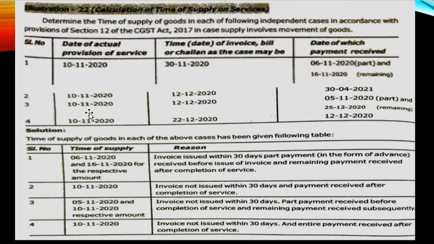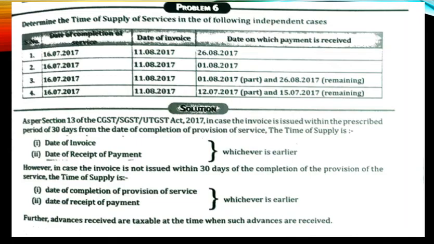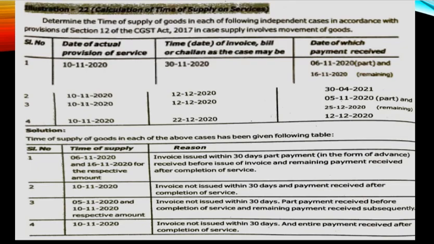But it is 10th November and this is 12th December, where it has crossed by 2 days, so 2 days more than 30 days. So in this case, you need to take into consideration the second condition, which is the date of completion of provision of services and the date of receipt of payment, whichever is earlier. Now there are part payments which are made.